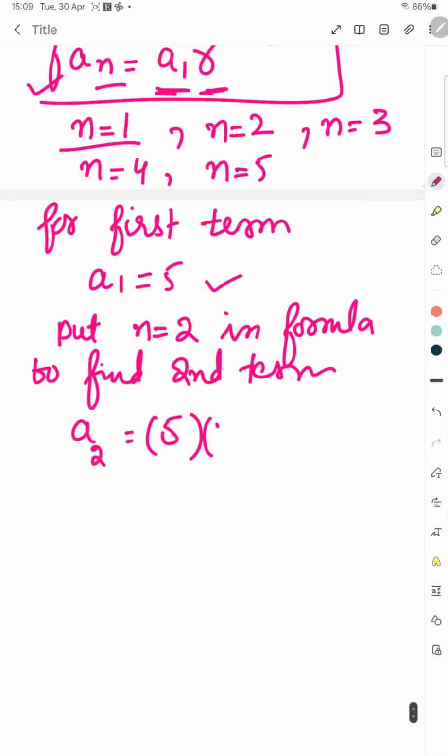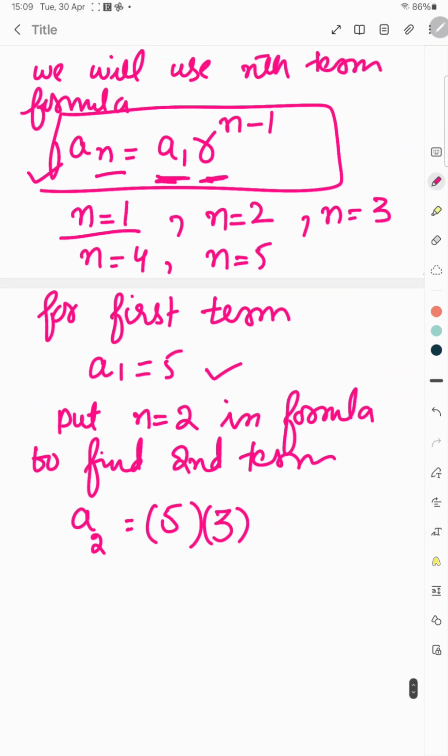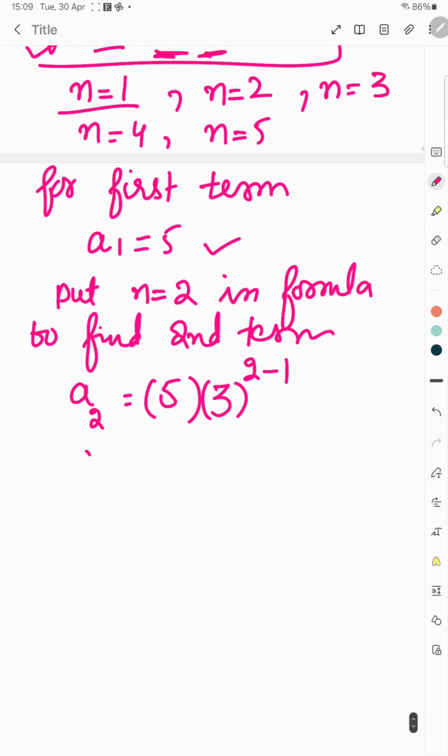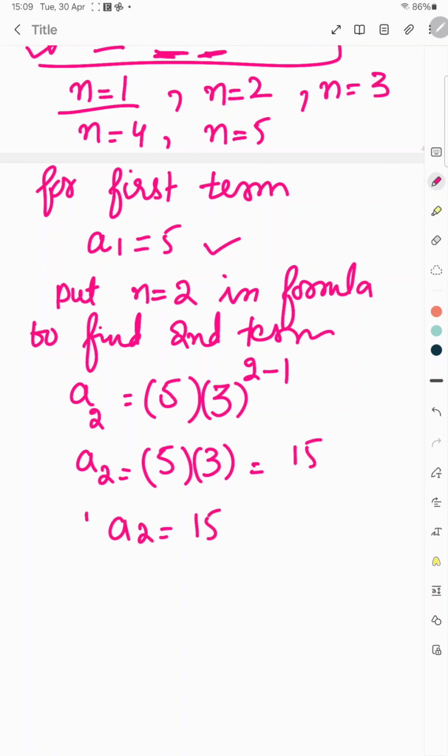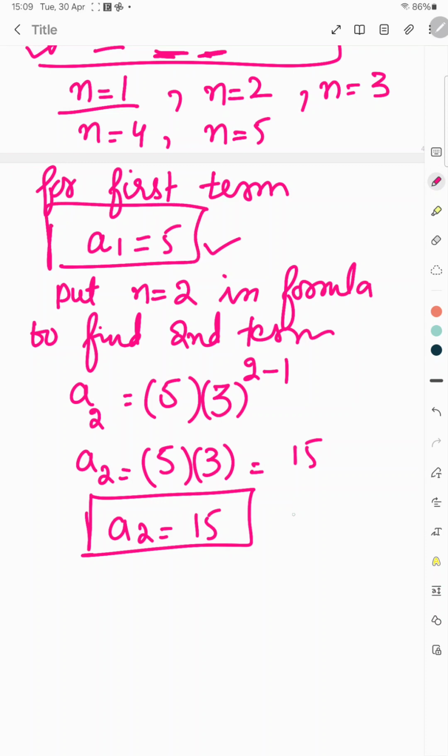So here I will put 3 in the formula, and instead of 2 I will write 2 minus 1. Okay, student. So when I will solve it, I get 5 times 3, which is equal to 15. So a2 is equal to 15. So first term is given and the second term is 15.